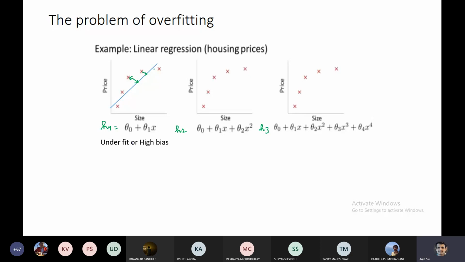Now, the idea is that if it is a straight line, it is very simple. So in our next slides in this class, we'll say that this hypothesis function, this particular model, is going to represent these data samples simply.